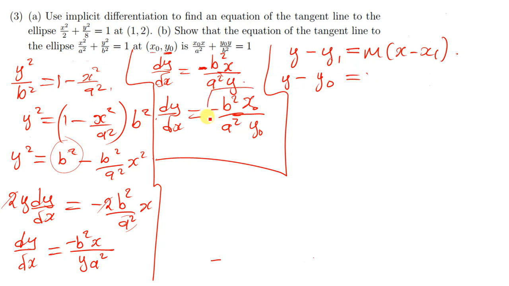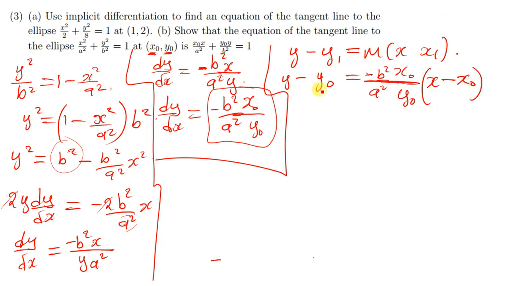My m is simply what I'm seeing here, which is negative b squared over a squared, then we have x naught over y naught, multiplying everything by x minus x1, and my x1 is equivalent to x naught, so we put x naught there.